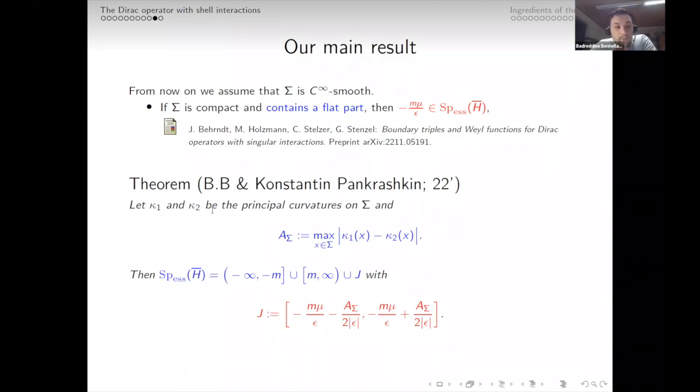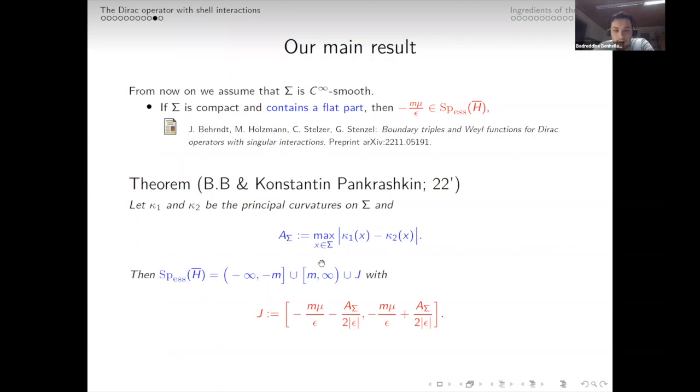In fact, we showed with Konstantin the following result. Denote by kappa 1 and kappa 2 the principal curvatures of the surface, and denote by a sigma the maximum of this difference. Then the essential spectrum of the closure of our operator is characterized by this union.